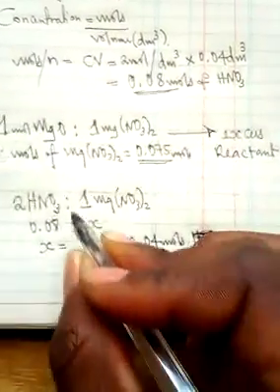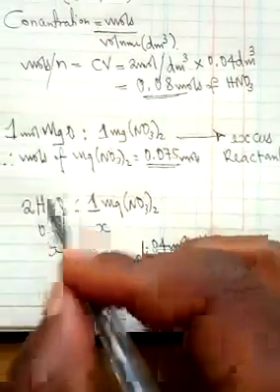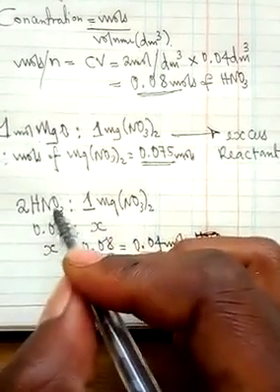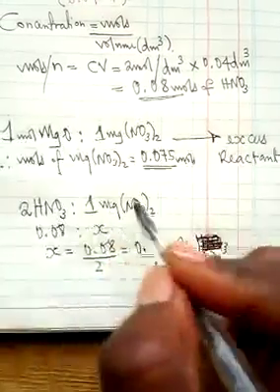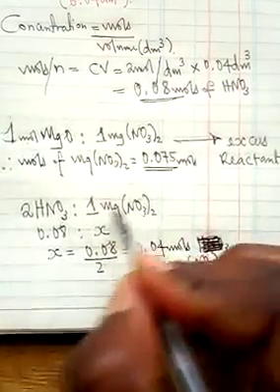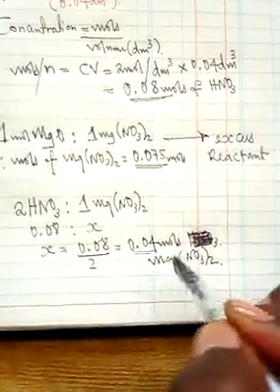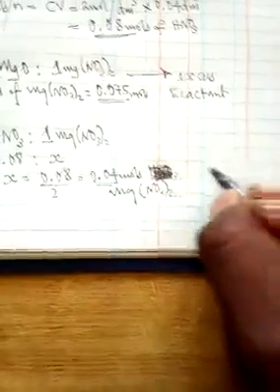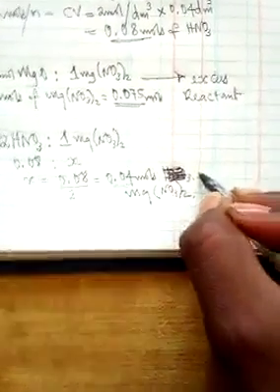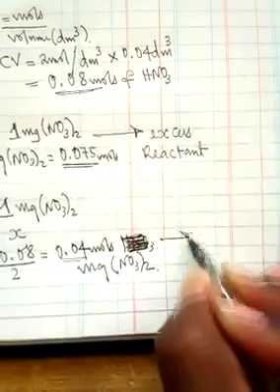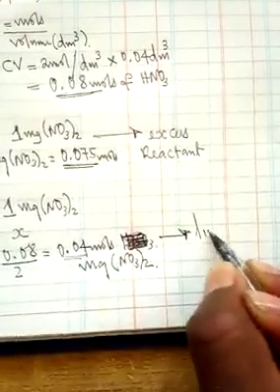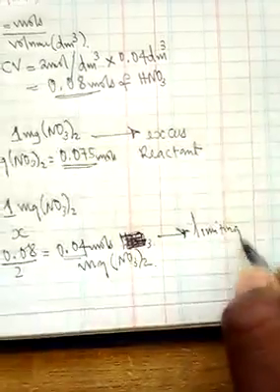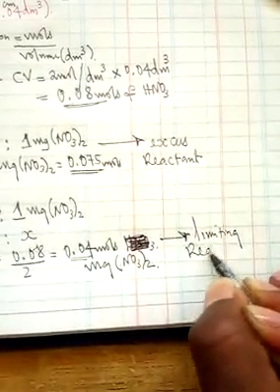Nitric acid, this reactant of yours, is the one that was producing the least number of moles of magnesium nitrate, which was 0.04. So because it's the one that is producing the fewer number of moles here, the nitric acid is the one that is going to be termed as your limiting reagent, or your limiting reactant.